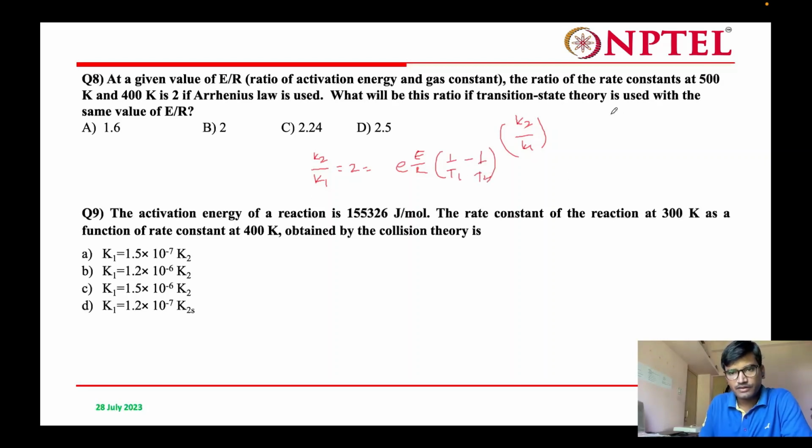Right. Now based on transition state theory, K2 by K1 is equal to T2 by T1 into the exponential term.